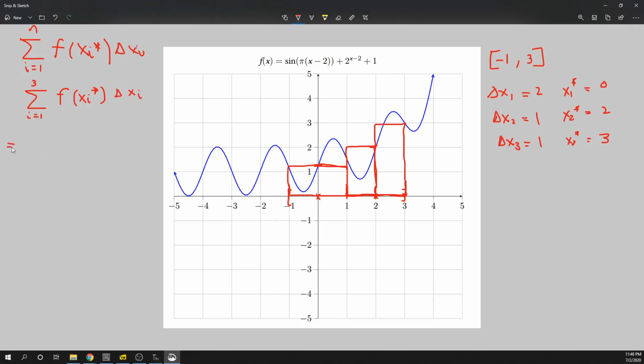And so now it just makes sense to write this in the expanded notation. So I would plug in a 1. So I get f of x1 star delta x1 plus f of x2 star delta x2 plus f of x3 star, that looks really bad, delta x3.